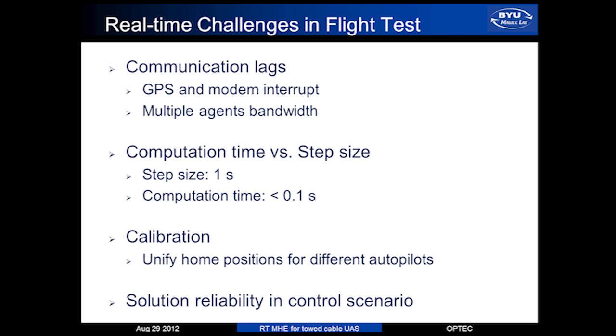Also, calibration is very important for this system, since the mothership and joke have two separate GPS. So we have to unify the home position for different autopilots to get accurate enough position.